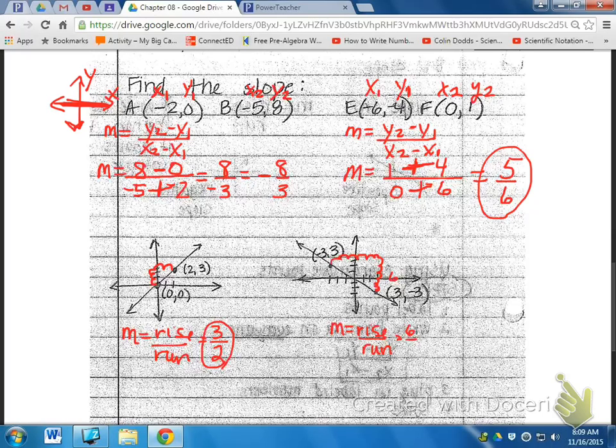I don't think the points are placed in the right spot, but that's how many there would be to go from 3 back to -3. So it would be -6. One of them is positive and one of them is negative, which makes it a negative slope. And what about 6 over 6? It reduces down to 1, so it would be -1.